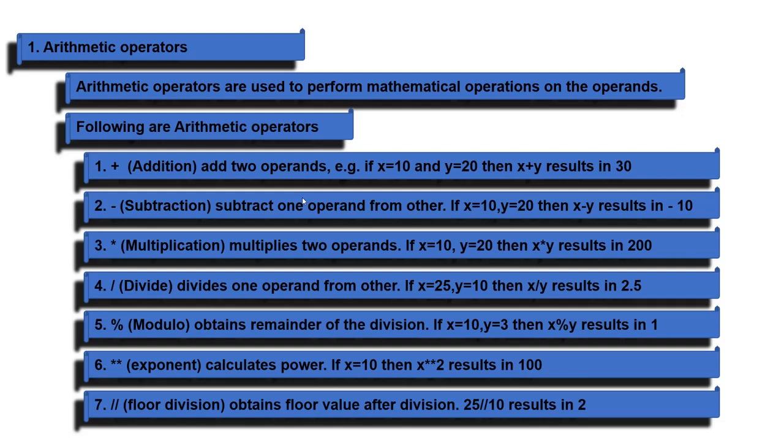The floor division operator obtains the floor value after performing a division. So for example, if you divide 25 double oblique 10, that means floor division is performed. You will get 2 as a result, which is the floor value of 2.5. You will not get 2.5.